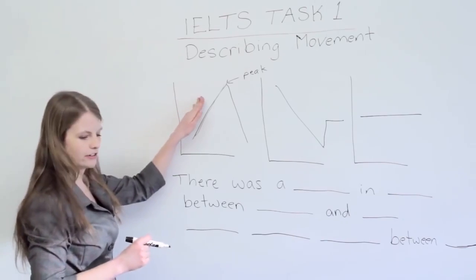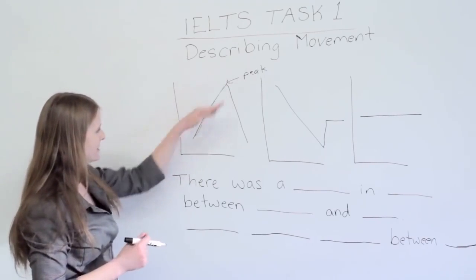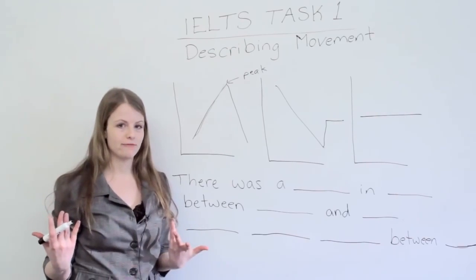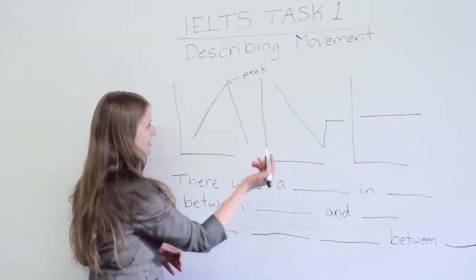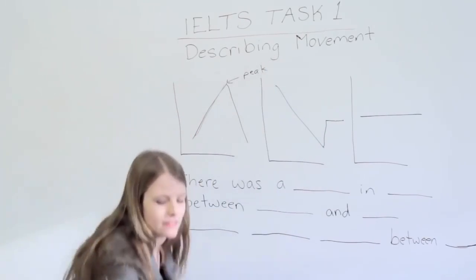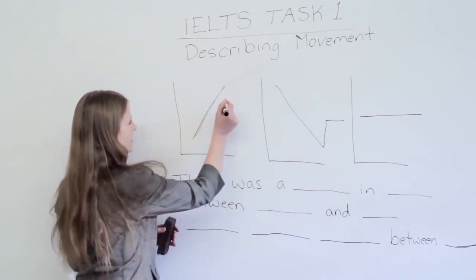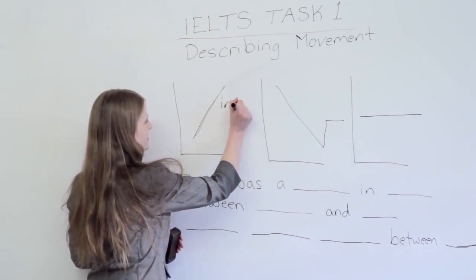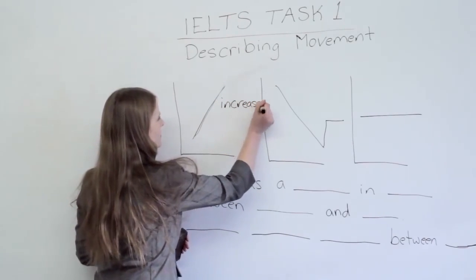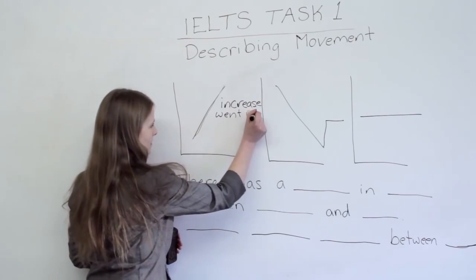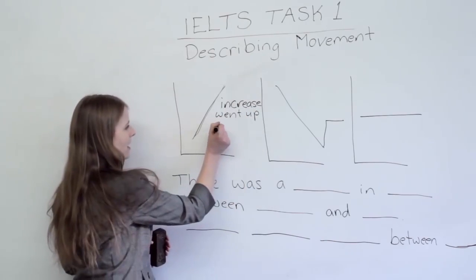So when we're talking about an upward trend, I'll talk about verbs first. We can use increase. We could call this an increase. We can say it went up. We can say it climbed.